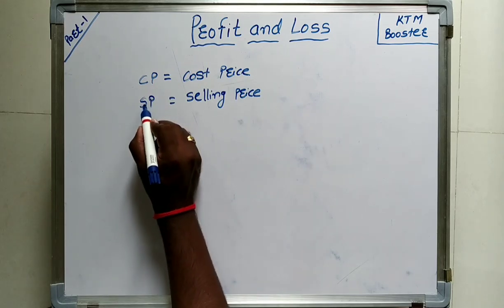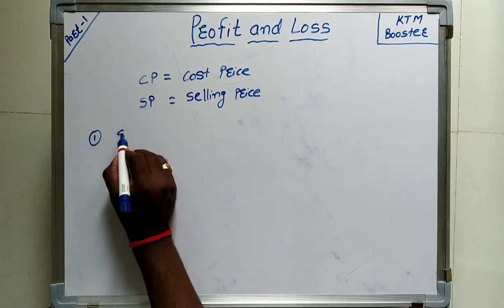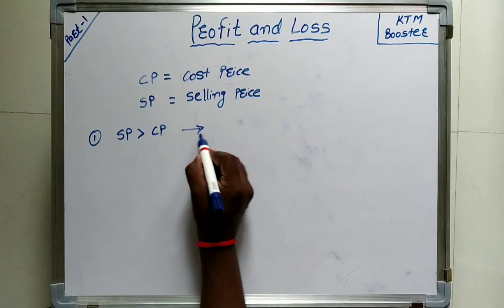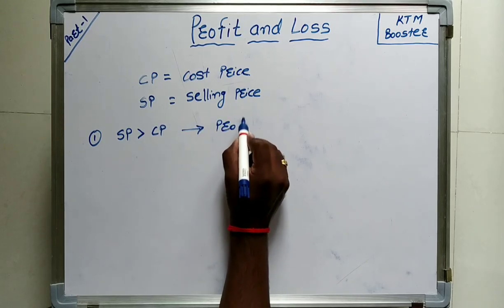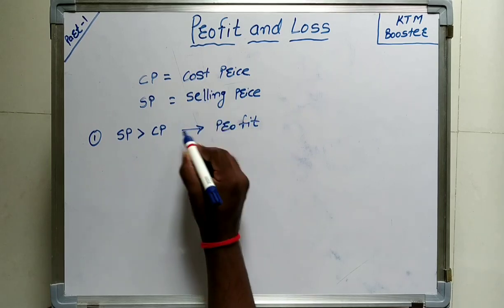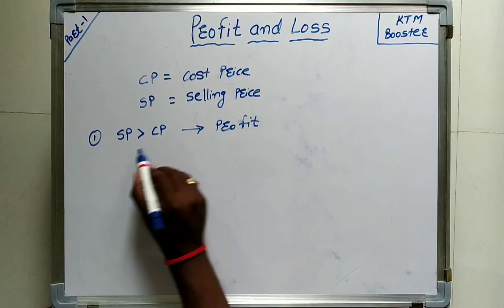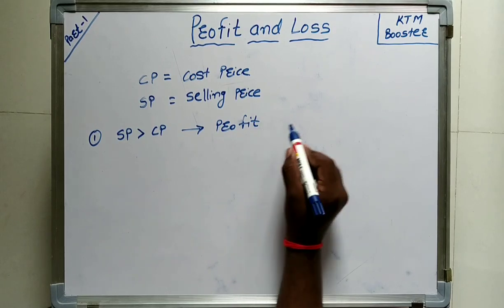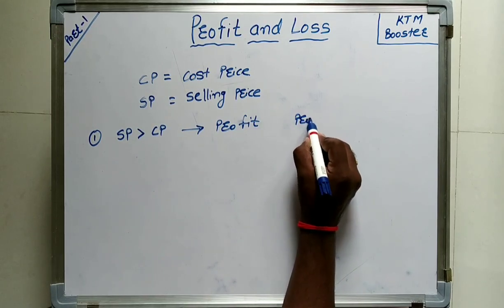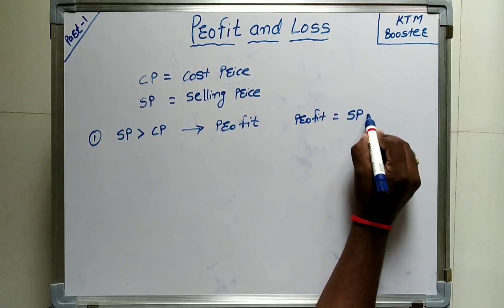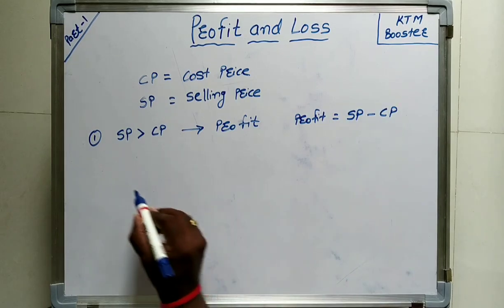Next we are having first case, if SP is greater than CP, then profit will be there. We know that when selling price is greater than cost price, then at that time profit will be there. And how to calculate that particular profit? That is profit equal to selling price minus cost price, isn't it?